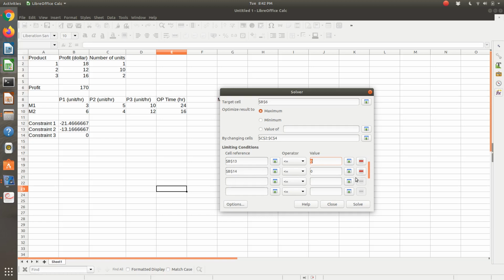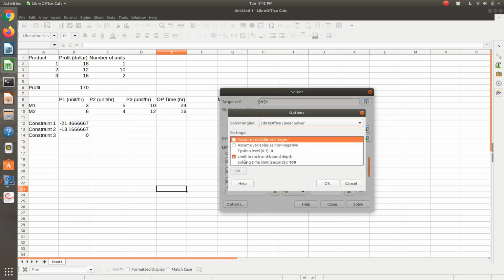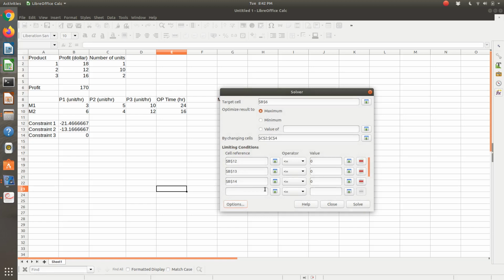When it comes to non-negativity, you have two options. One is here, just under Options. You can assume variables are non-negative, so you can assume everything's greater than or equal to 0. That's option 1. The other way would be to hard code it.